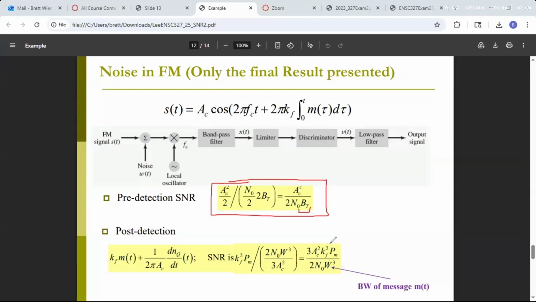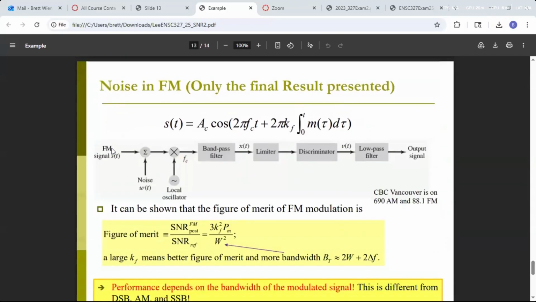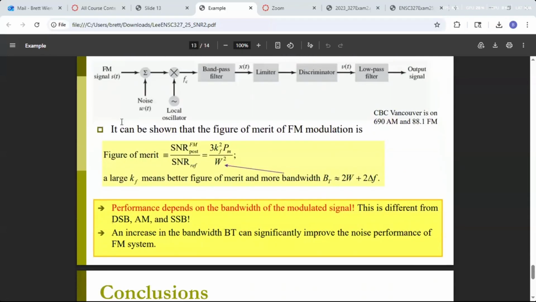Pre-detection, post-detection. We went through this, I think, two weeks ago, or maybe just a week ago, and there's just a bit of an integral with it. It's not too hard, though. And then we just got our figure of merit from the ratio at the end, right? So that is basically everything.